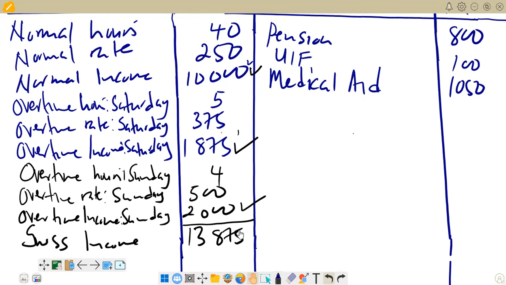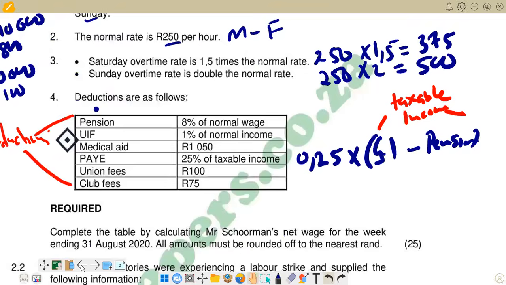And we are going to subtract pension, which is 800. So 13,875 is our gross income, then subtract the pension that we have, which is 800.